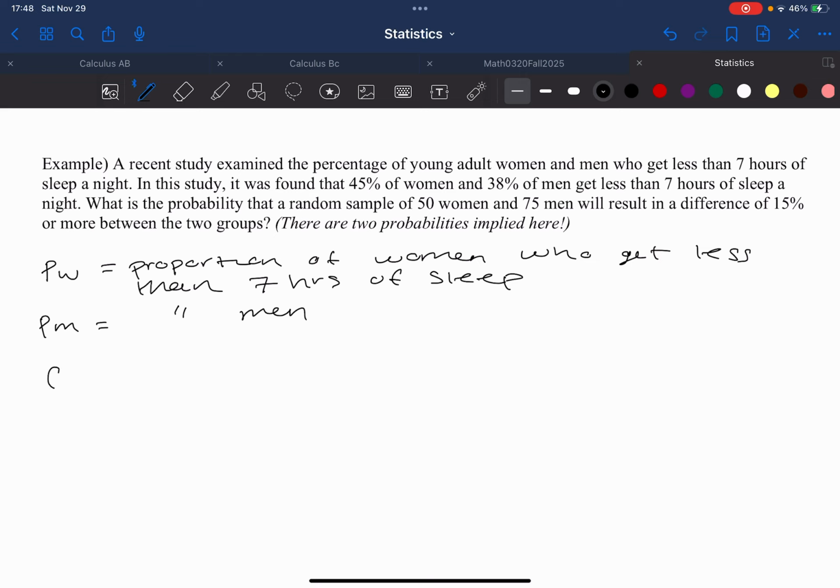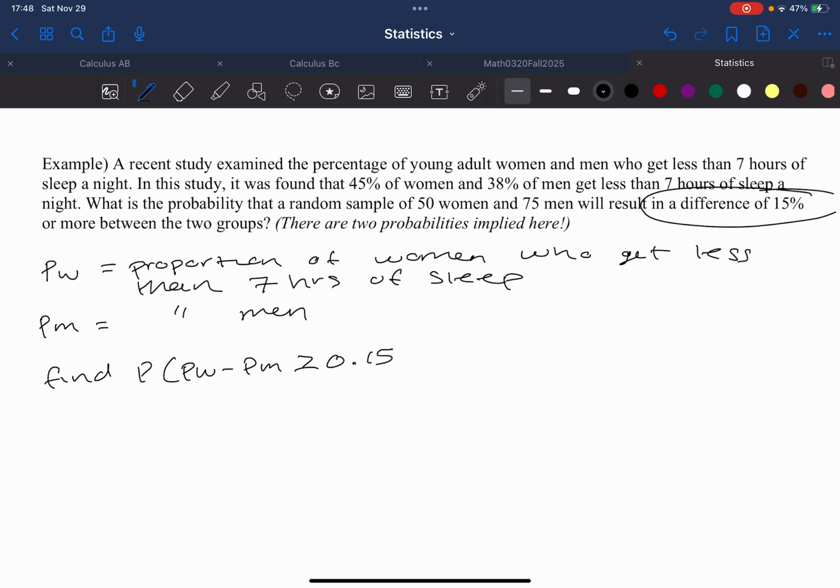And we are trying to find the probability that the proportion of women minus the proportion of men is greater than or equal to 0.15. Okay, because it says will result in a 15% difference.